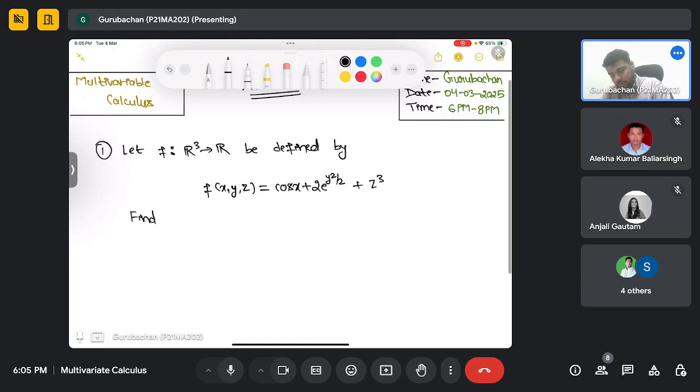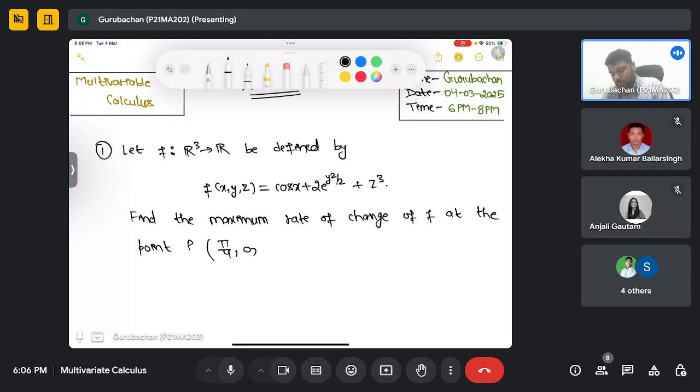Find the maximum rate of change of f at the point P, pi by 4, 0 and 1.